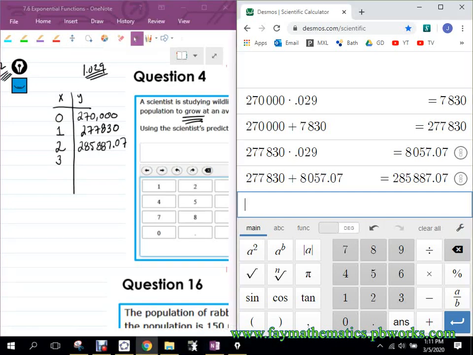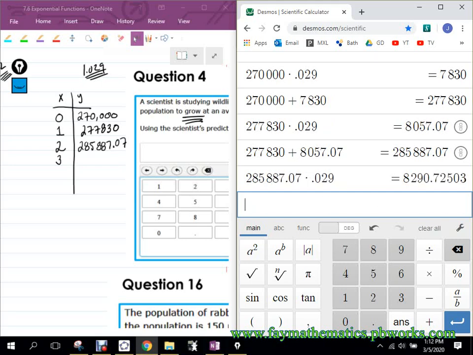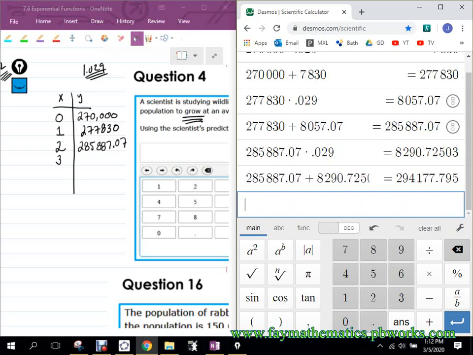I'll just cut and paste the previous number, times 0.029, gives me that, and I add that number to the previous one, so in year 3, our bat population is going to be that.